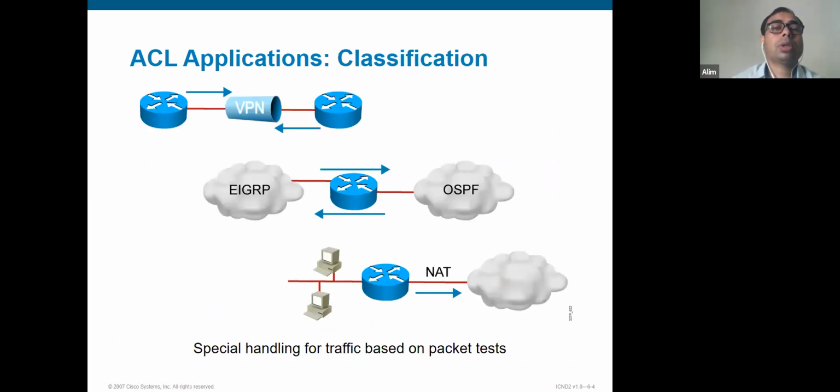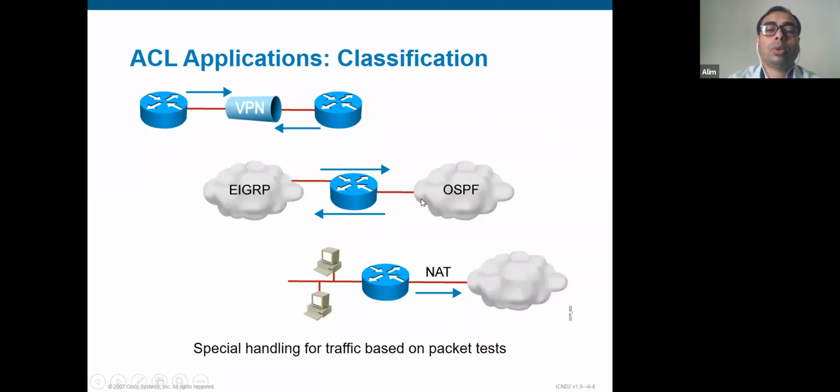Let's look at another application classification. Say this is a router. On one side of the router, EIGRP is working, and on the other side OSPF is running.